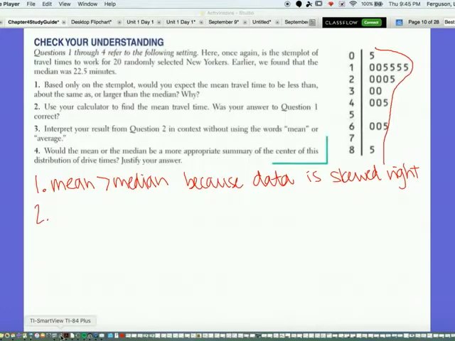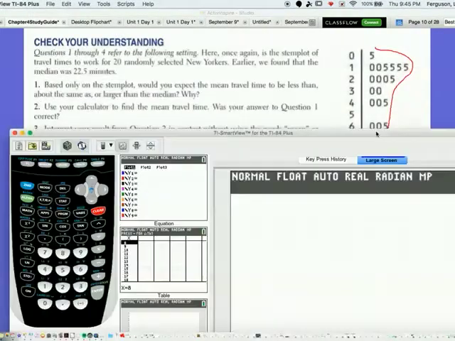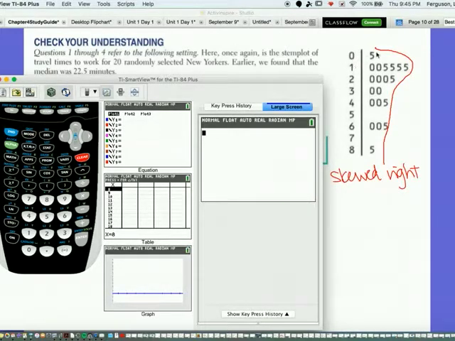Okay, so for number 2, what you would do is you would go to your calculator and you would type in each one of your stems and leaves. So 5 plus 10, 10. Let's see, you've got 4 15s. You have 3 20s.